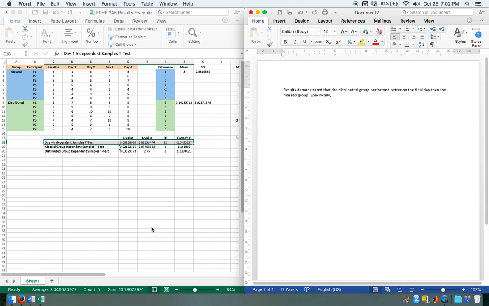We already wrote it here: an independent samples t-test revealed that the distributed group scores were higher than the massed group scores on the post-test of day 4.